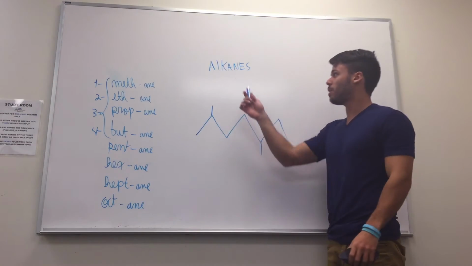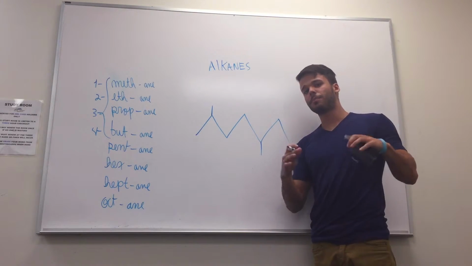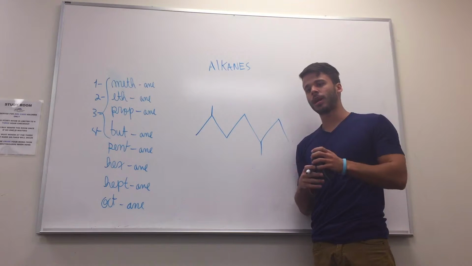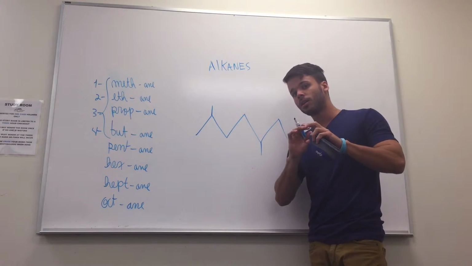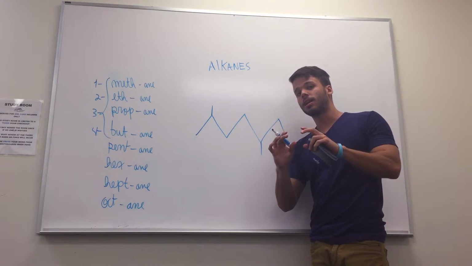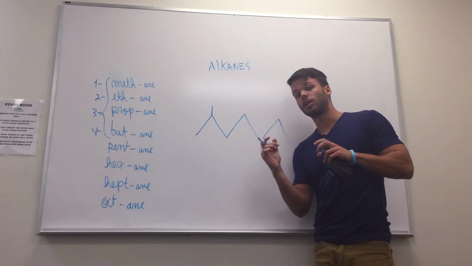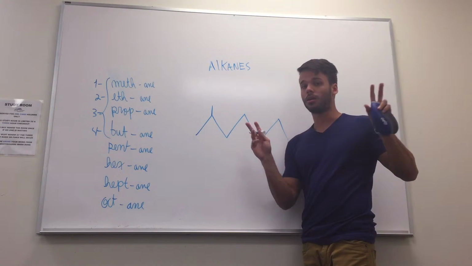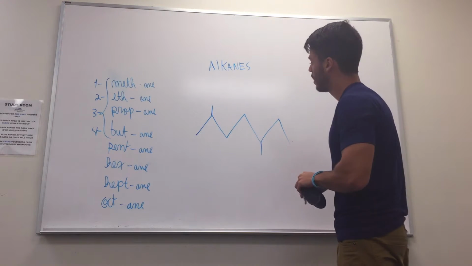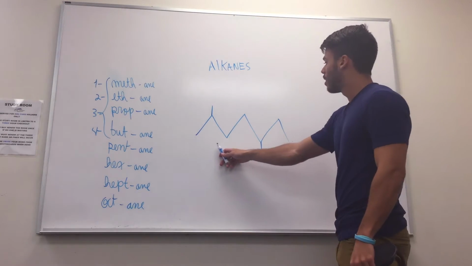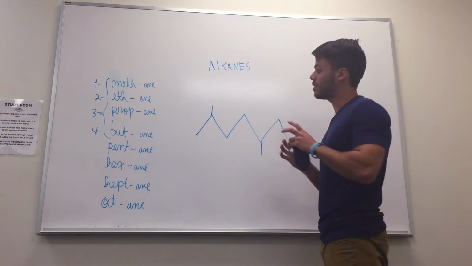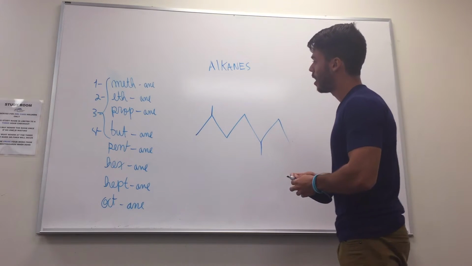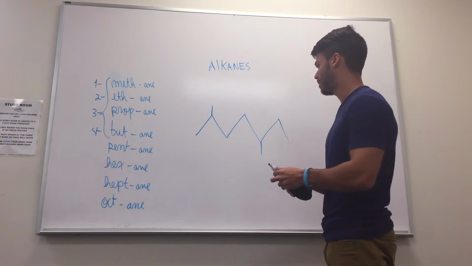When it comes to naming alkanes, there's a certain pattern that you want to follow, okay? The first thing you want to do is to recognize what the longest chain is, also called the parental chain, okay? Now, if we have a structure like this one, the first thing you want to do, as I said, is to realize what's the longest chain of carbons that you can possibly get.